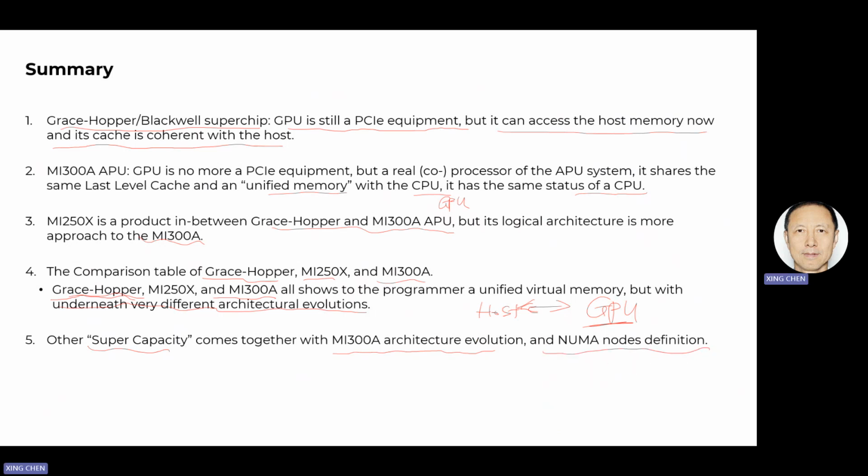Okay. This is the end of section 5, and this is a very important section, and it's also difficult to understand. We really need to dive into the technical details and the architectures, and try to understand the architectural differences, even though they show the customer the same benefit, which is that they don't need to do host-to-GPU memory copy in, copy out.